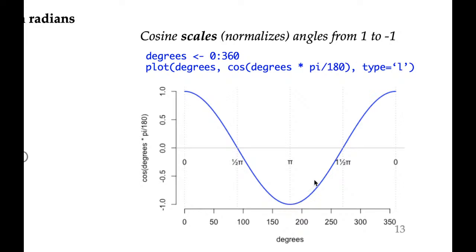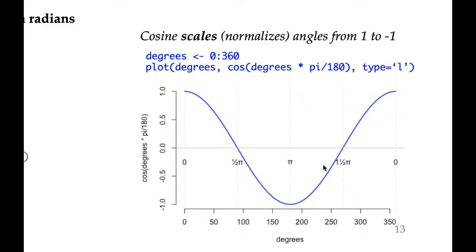At 1.5 pi, or 270 degrees, it's zero again. And then back to 360 degrees or 2 pi, it's back to 1. So from 1 to 0 to -1 to 0 back to +1, and it follows this nice sine wave.